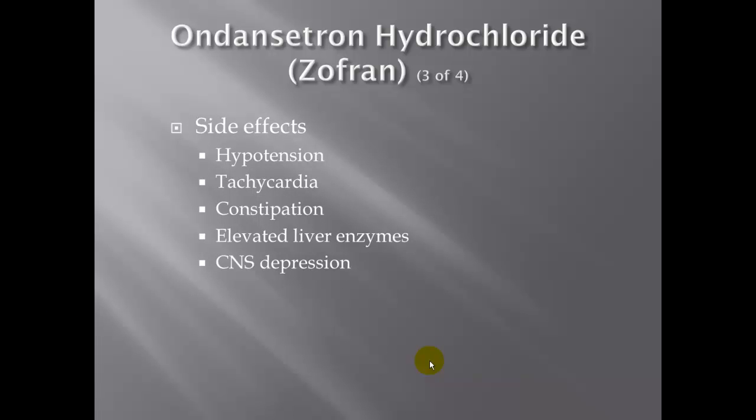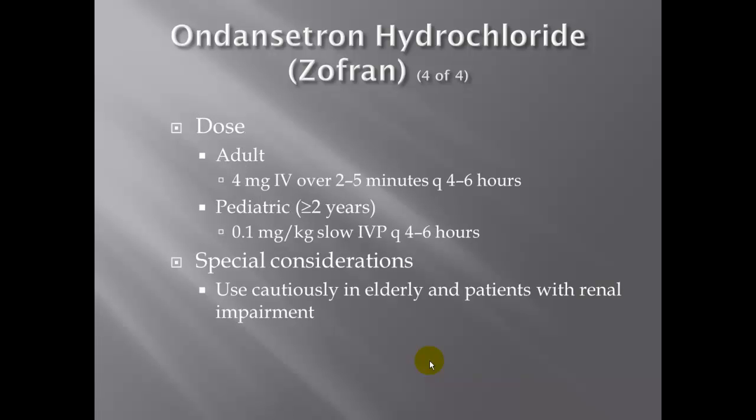Side effects: hypotension, tachycardia, constipation, elevated liver enzymes, CNS depression. Dose for the adult: 4 milligrams IV over 2 to 5 minutes every 4 to 6 hours. Pediatric greater than 2 years old: 0.1 milligram per kilogram slow IV push every 4 to 6 hours.